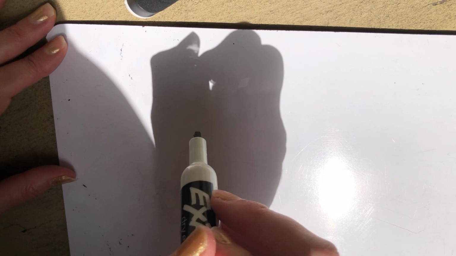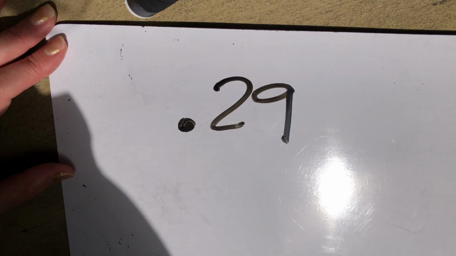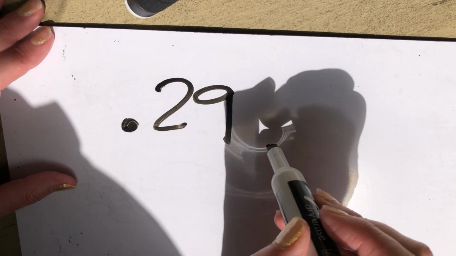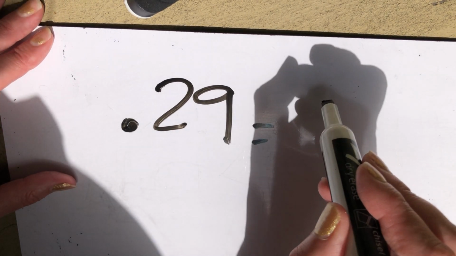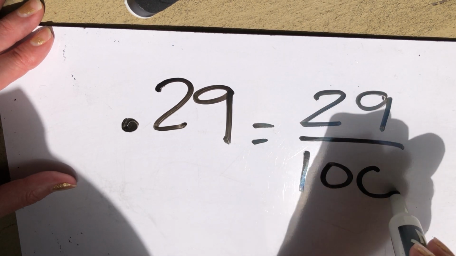What if you have 0.29? What would we say that is written as a fraction? That would be 29/100ths.